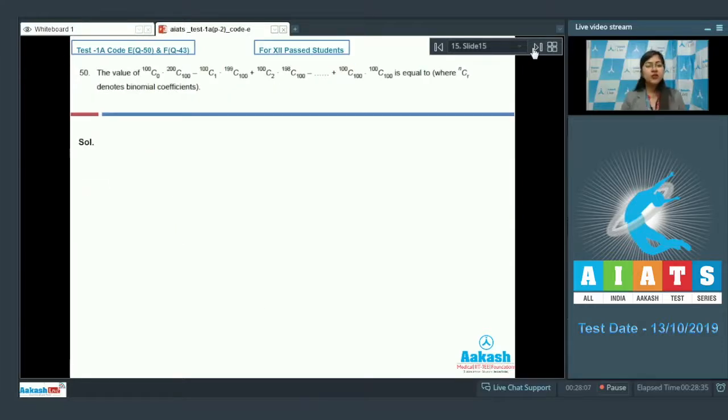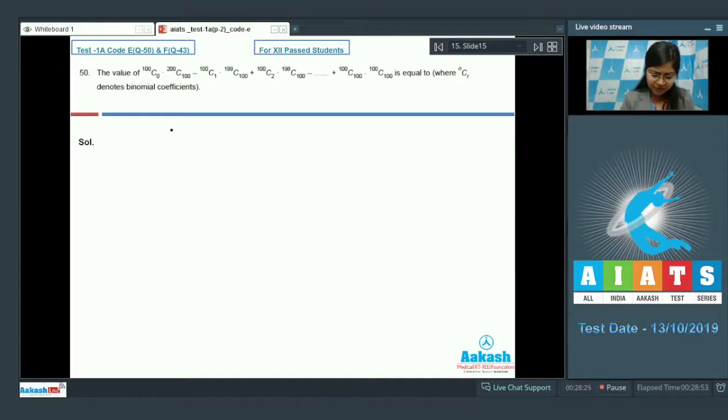Next is question number 50, which is a very sweet question from binomial theorem. So let's solve it. We have to find the value of 100C0 into 200C100 minus 100C1 into 199C100 and so on, right?